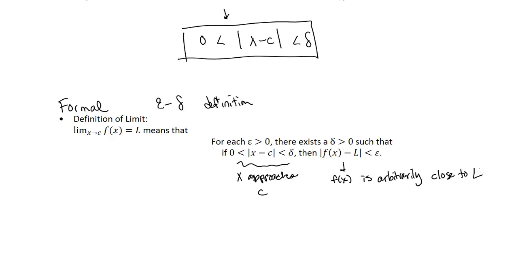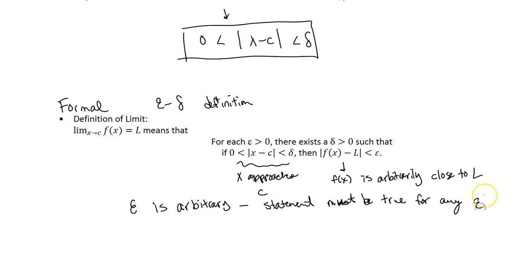Now there's two funny variables in here. There's the epsilon and the delta. And one thing that is important here is there's some different language used. We say for each epsilon greater than 0. So epsilon is arbitrary. And in order to use this, the statement in the definition must be true for any epsilon.